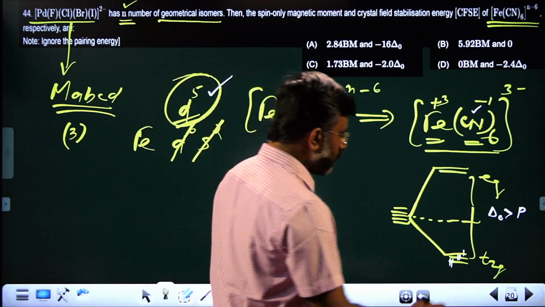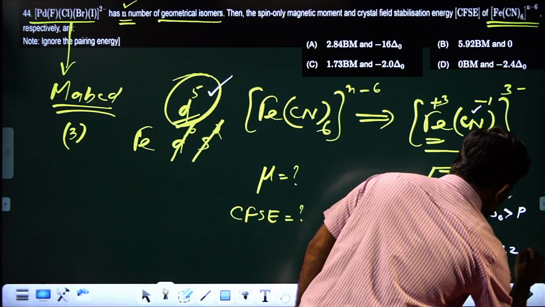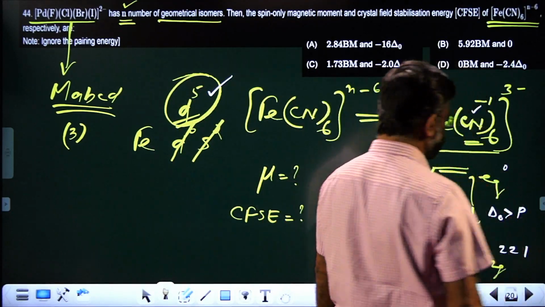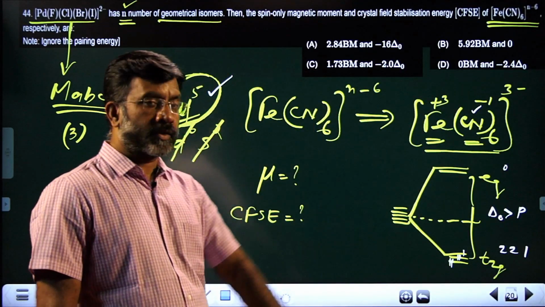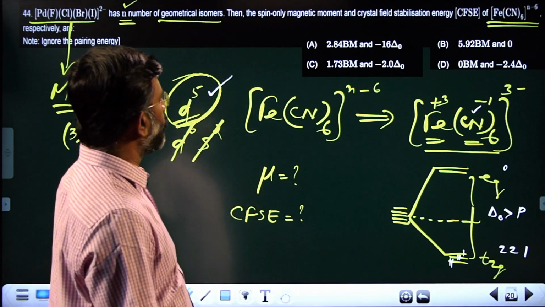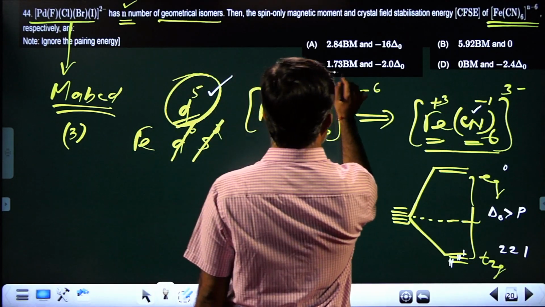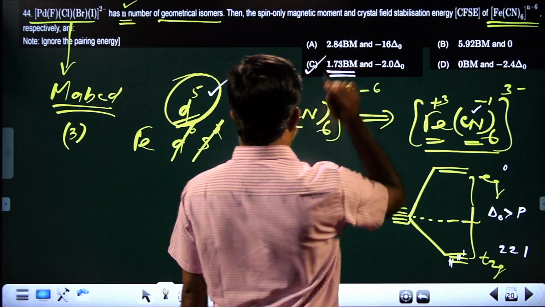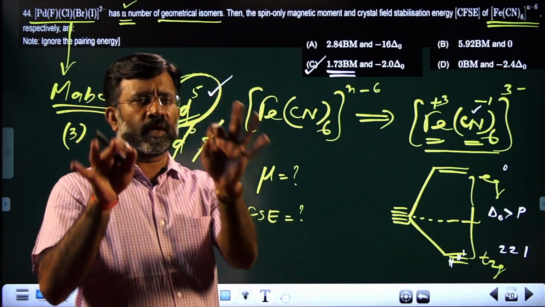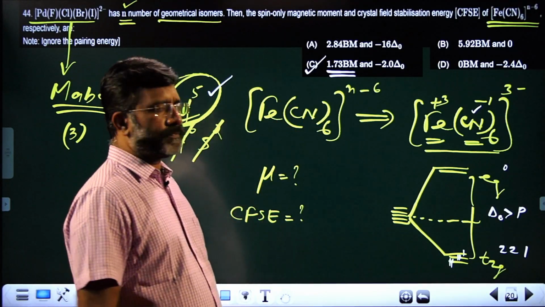The t2g orbital contains 2, 2, 1, while the eg has 0. So there is one unpaired electron, which gives a magnetic moment of 1.73. That magnetic moment itself gives you the answer, option C.